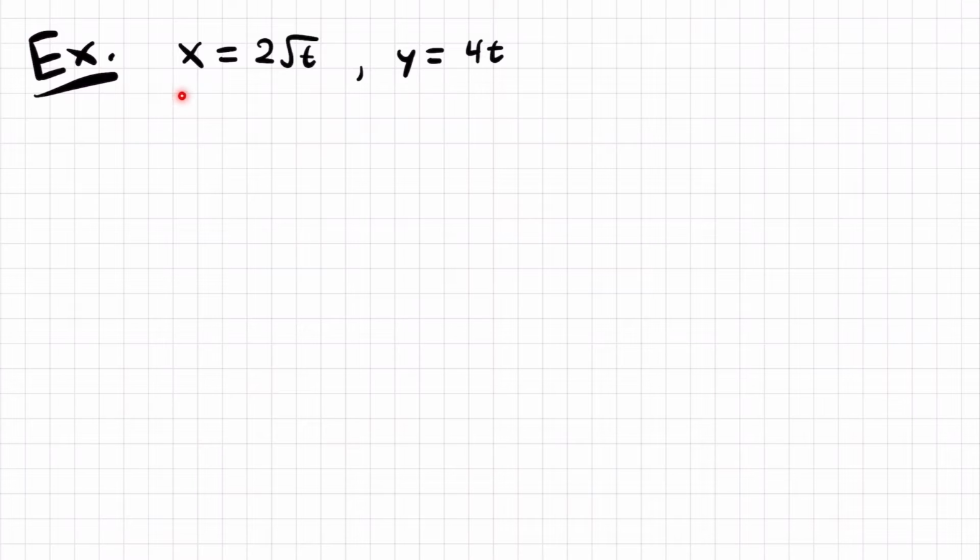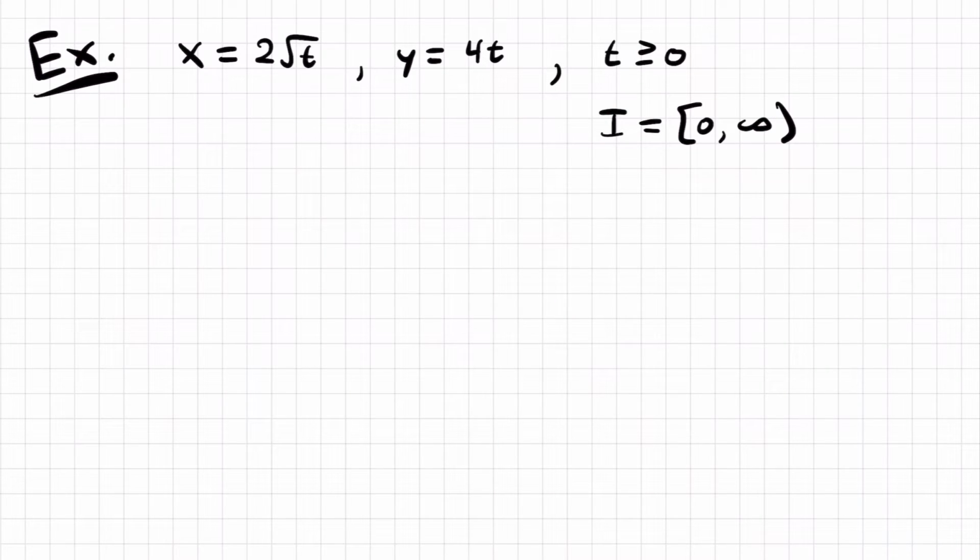But if we look at x, x is equal to 2 times the square root of t, and you can't take the square root of a negative number, and so t must always be positive. And so in this case, we can decide that t will be defined for values greater than or equal to 0. Another way to write that is that the interval will be equal to 0 to infinity, including 0, but not infinity, of course. All right, and so that's going to be our interval in this case.